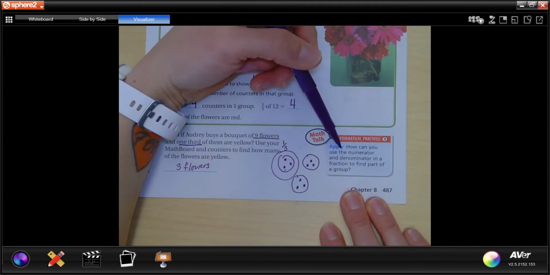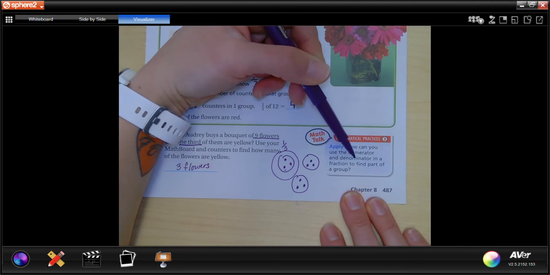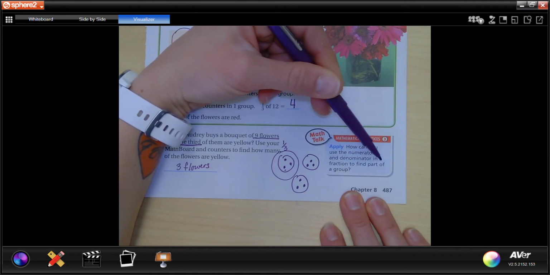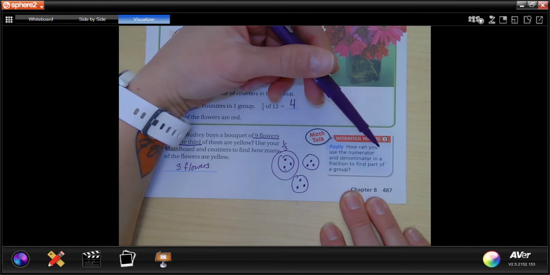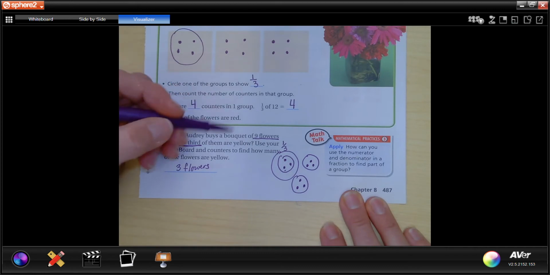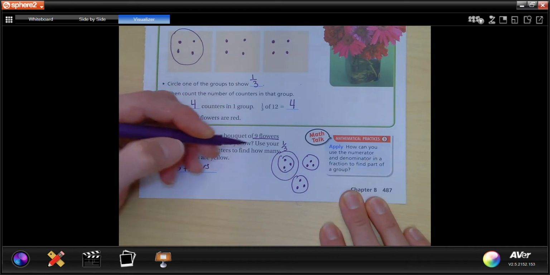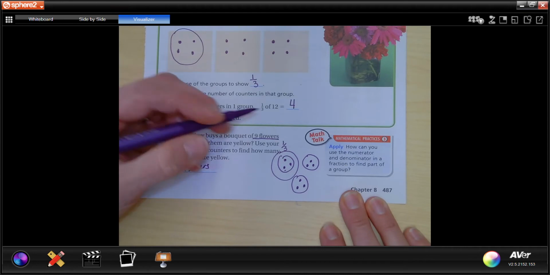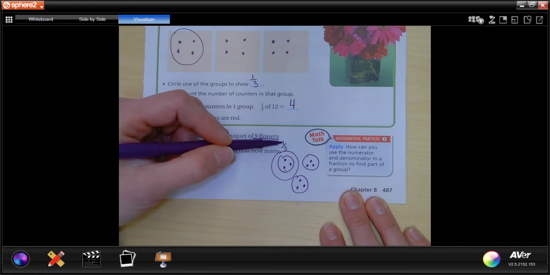How can you use the numerator and denominator in a fraction to find part of a group? Well, what does our denominator tell us? It tells us how many groups I divide the total into. The numerator tells us how many of the groups I count.